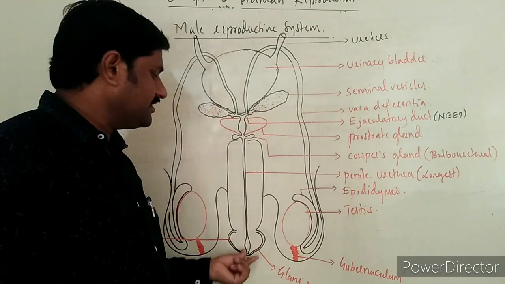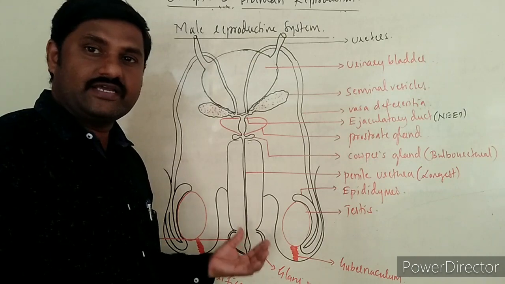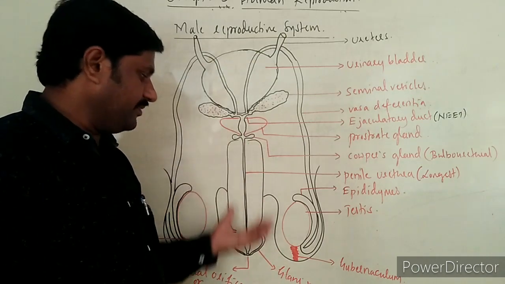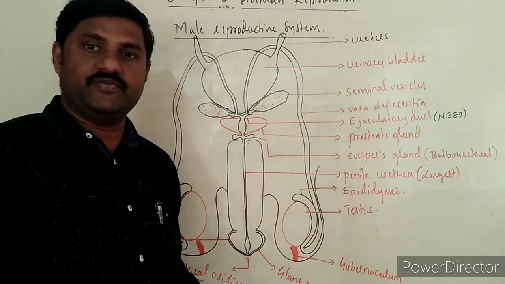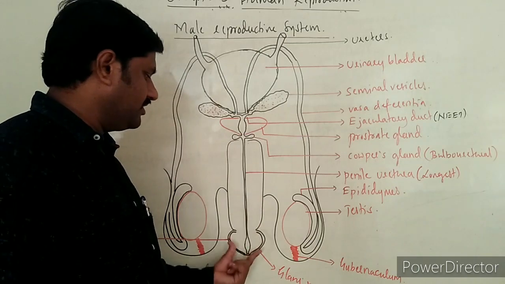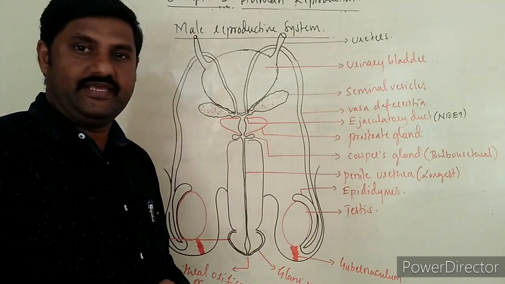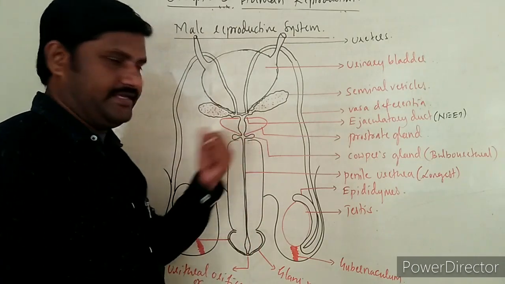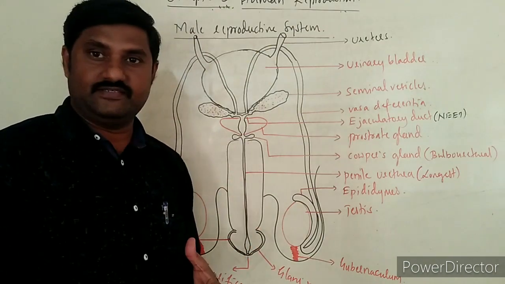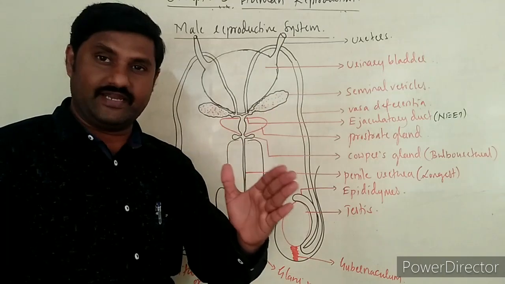So during the ejaculation of the semen into the female's reproductive tract, there is a need for the copulatory organ called the penis. This is called the penis, right? Later we'll see the structure of the penis under the heading external genitalia.